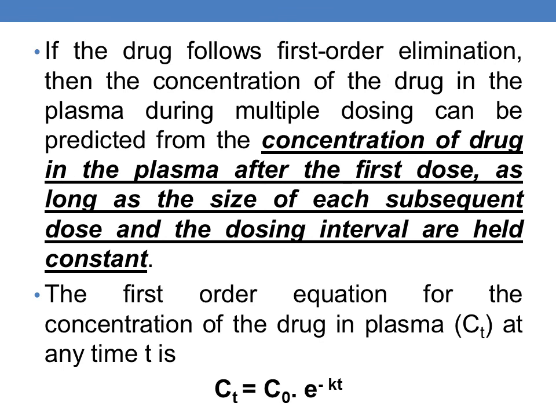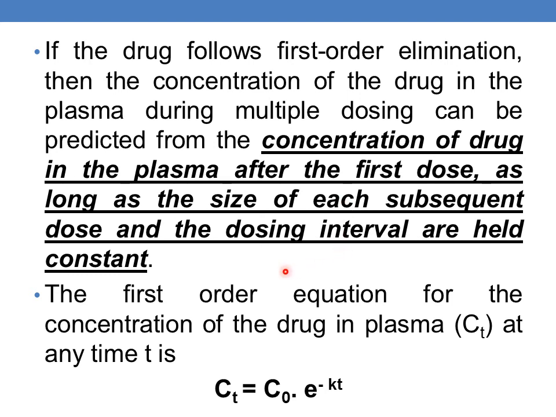And if the drug follows first order elimination, then the concentration of the drug in the plasma during multiple dosing can be predicted from the concentration of the drug in the plasma after the first dose. I repeat, when the drug elimination follows first order elimination, then the plasma concentration during multiple dosing can be calculated from the plasma concentration after the first dose, as long as the size of each subsequent dose remains constant and the dosing interval is also held constant.